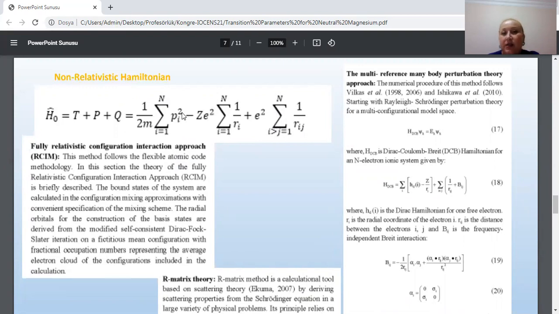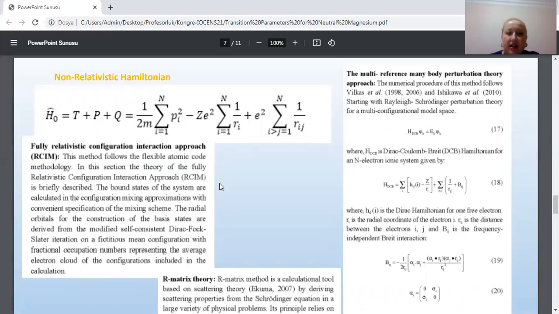So this is a non-relativistic Hamiltonian, and lots of atomic structure programs do non-relativistic calculations, but using this program, you can find the non-relativistic and relativistic Hamiltonian results together. For this program, we have to think about the fully relativistic configuration interaction approach, RCIM. It means that this method follows the flexible atomic code methodology.